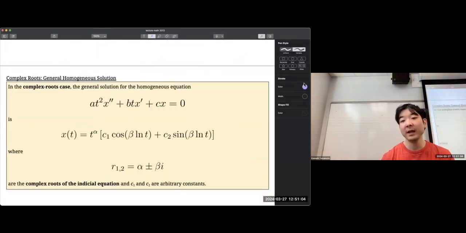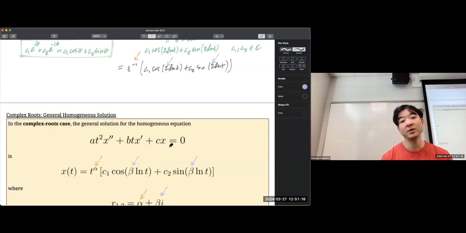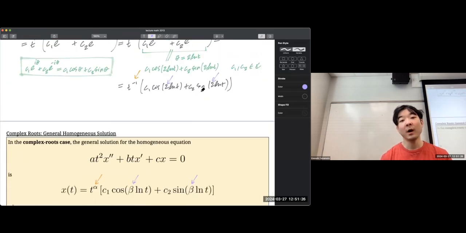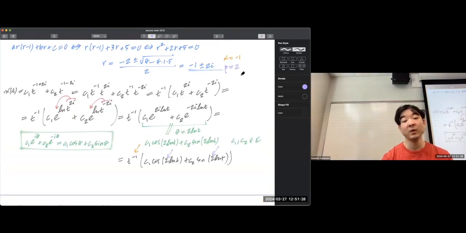So in general, this is the punchline. If you have imaginary roots, your alpha will go here and your beta will go here and here. But your solution form would look like t raised to the alpha times C1 cosine of beta ln of t plus C2 sine of beta ln of t. Our problem up here, alpha was -1 and beta was 2, so that's why those numbers are there.